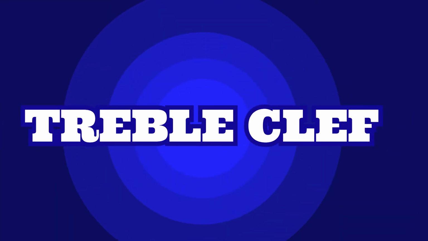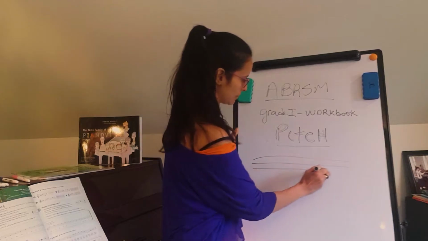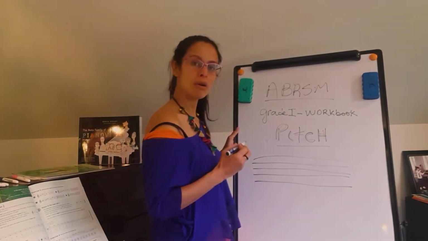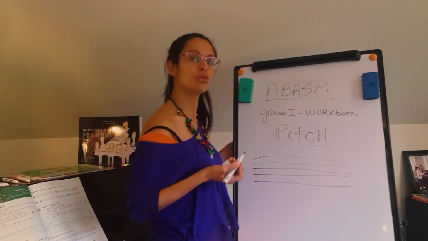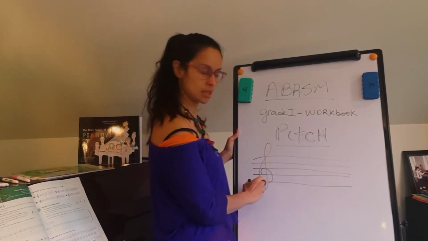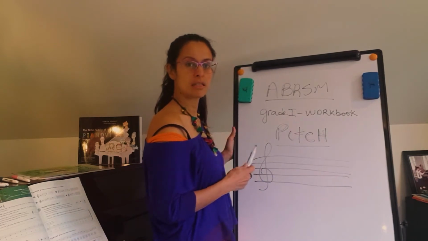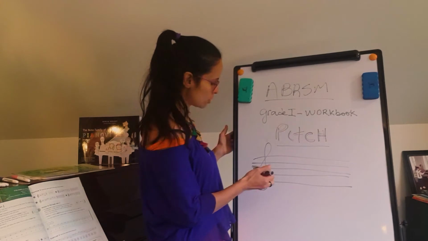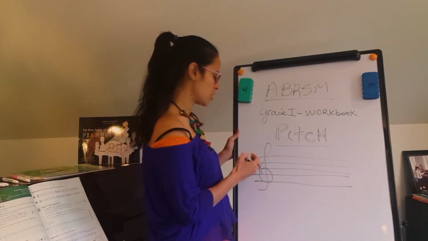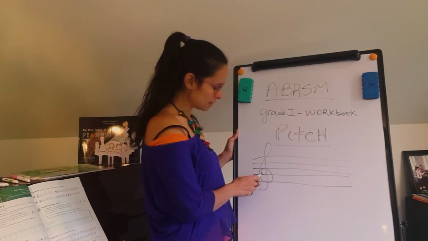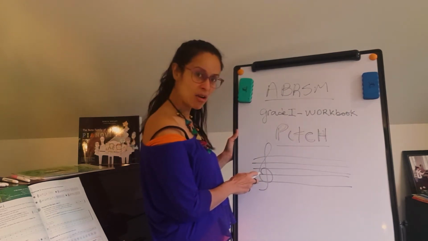Now, let's talk about the treble clef. So we have our stave with 5 lines. Our treble clef, also known as G clef, especially in the Latin countries, they call it G clef instead of treble clef, or equivalent, of course. And the G clef, the treble clef, must start being written on the 2nd line.